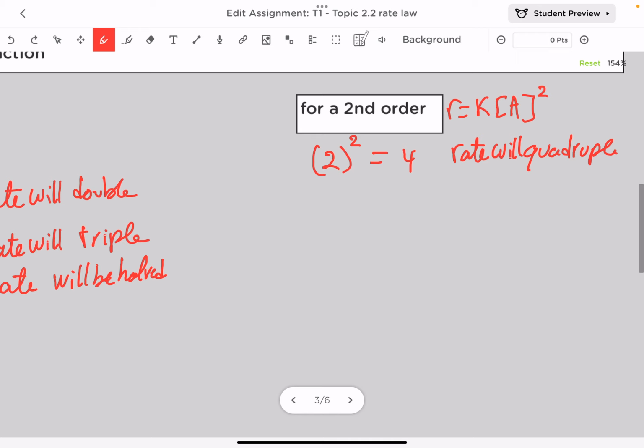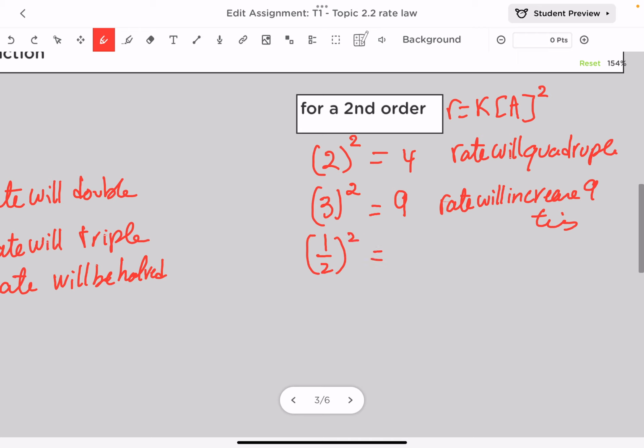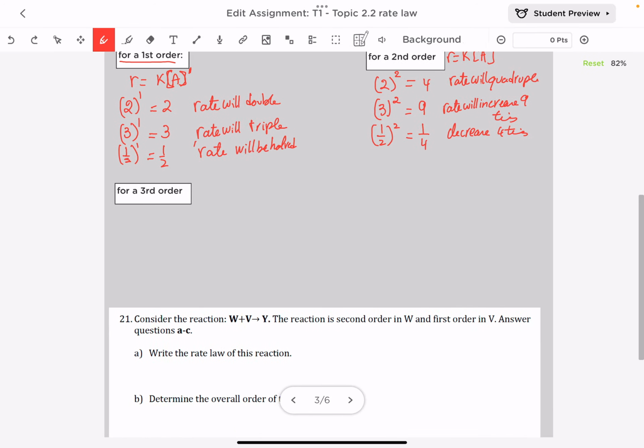Now, if the concentration of A is tripled, 3 squared is equal to 9. The rate will increase 9 times. Now, if A is halved, I say half squared, so the rate will decrease by 4 times.